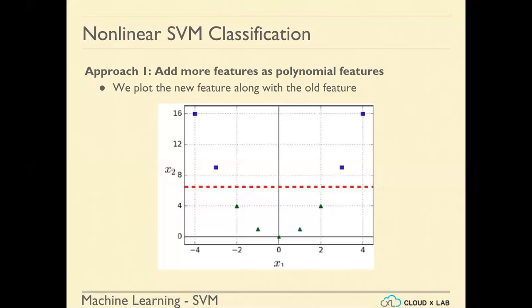So by adding polynomial features, here what we added was one more column, squaring the data in x1. Now you can see that the data is separable by using a straight line.